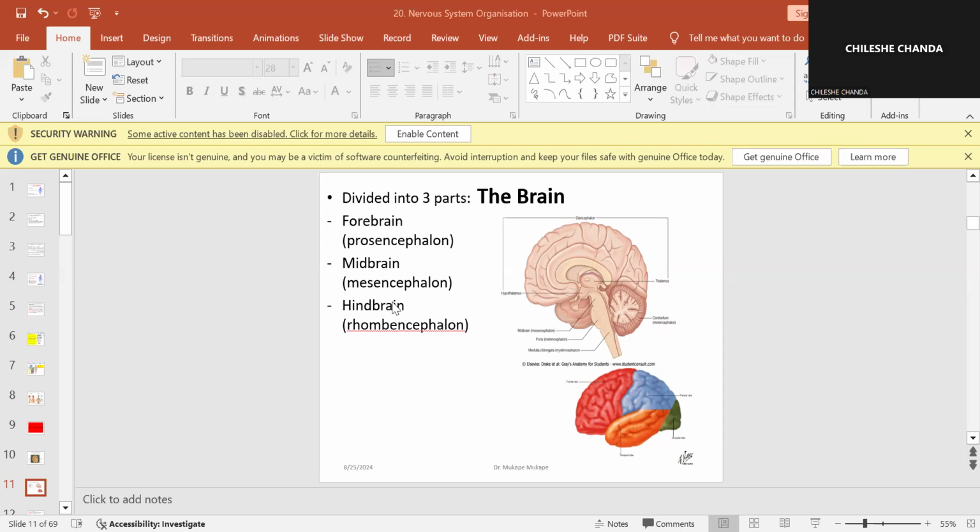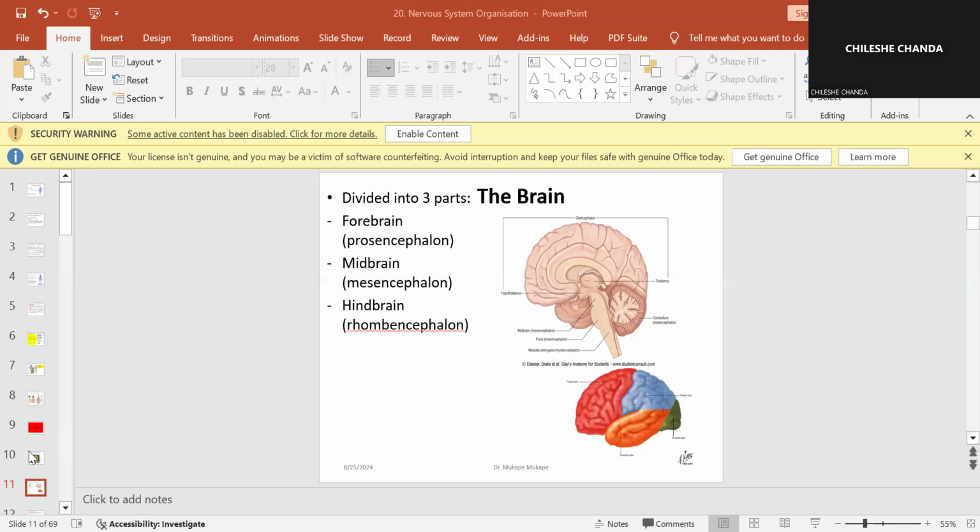We have the midbrain, which we're going to look at very soon, which is also known as the mesencephalon. And then we have the hindbrain.